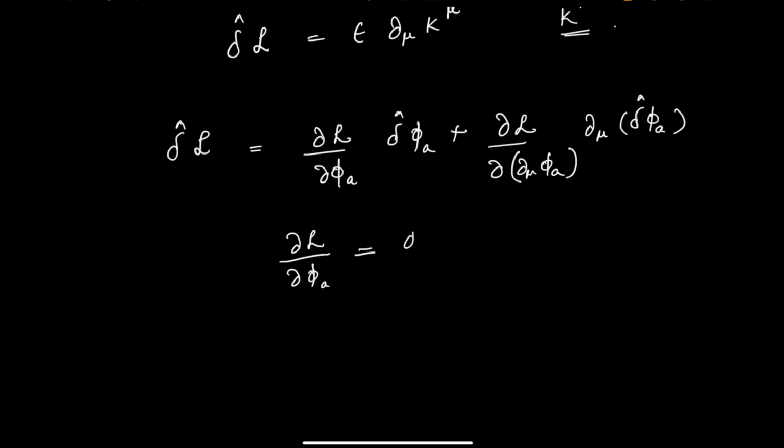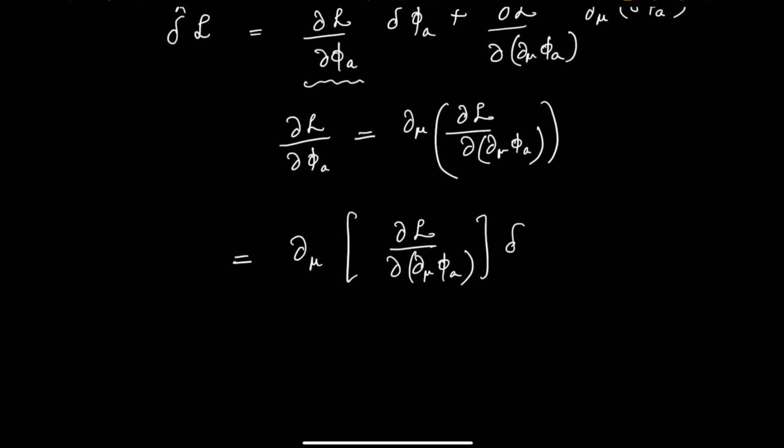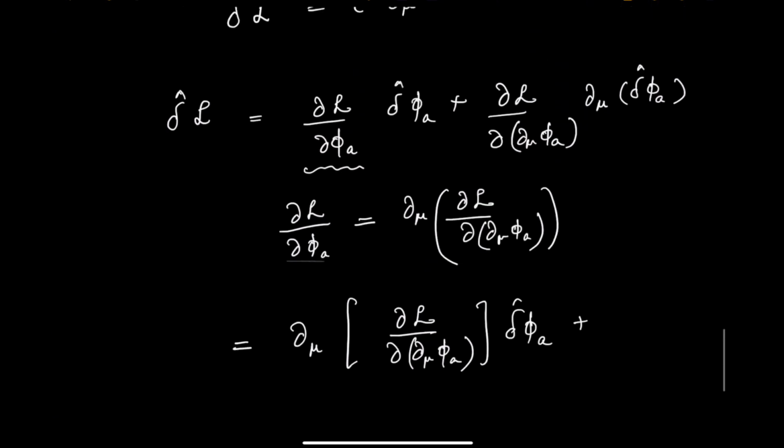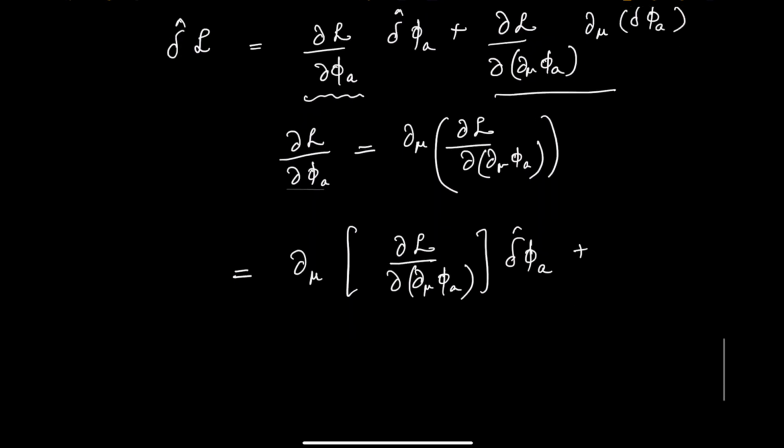I can substitute it here. Therefore I get the variation in the Lagrangian density as this term multiplied by something, plus the second term as it is.